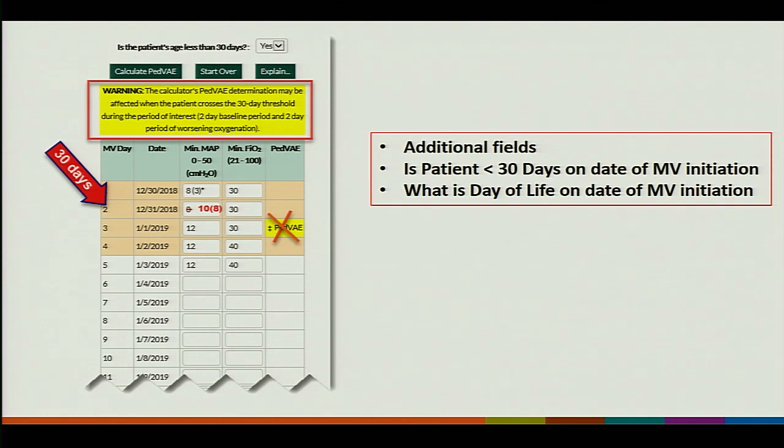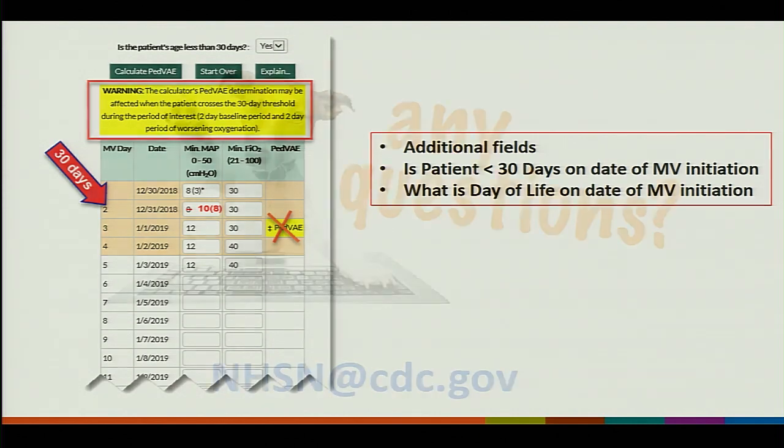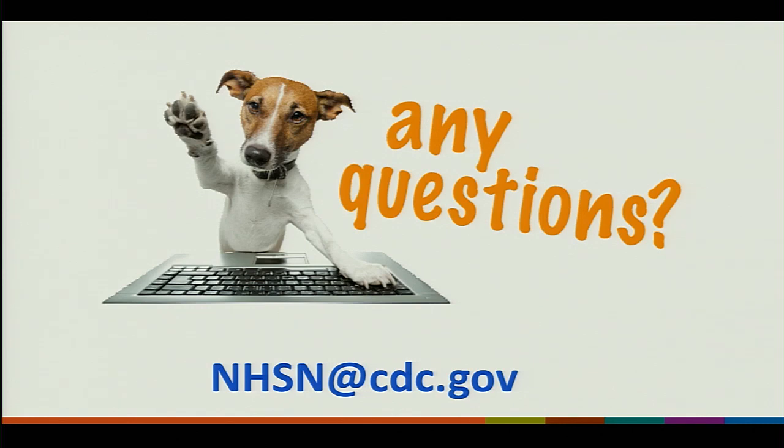And then when you go to the next screen, you'll have a day of life column, and the calculator will adjust the values 0 to 10 once the patient hits day of life 30. And that's it. And I'm happy to take any questions.